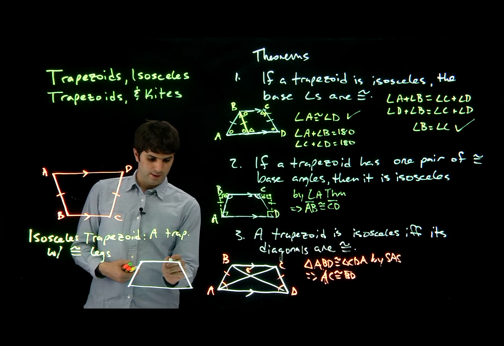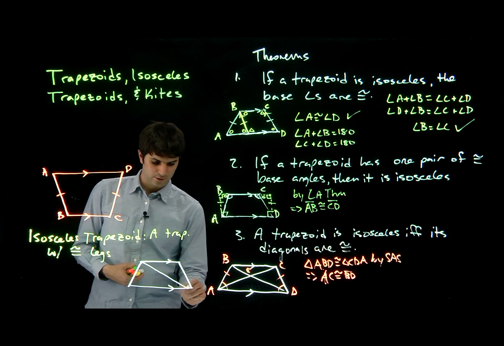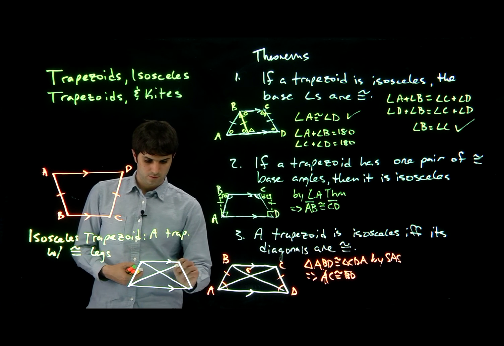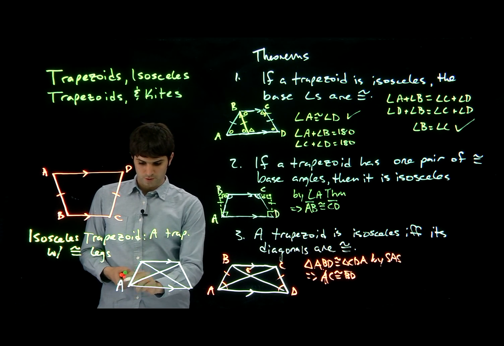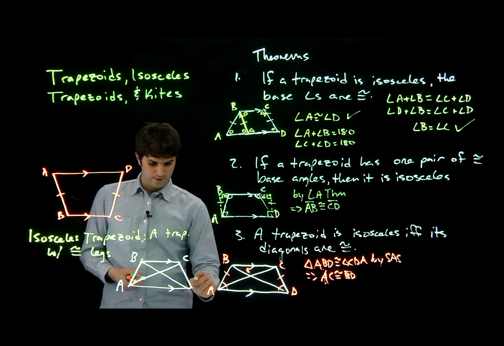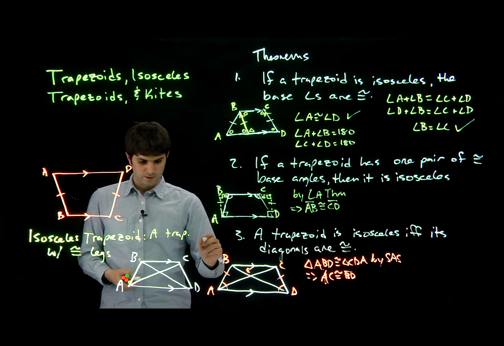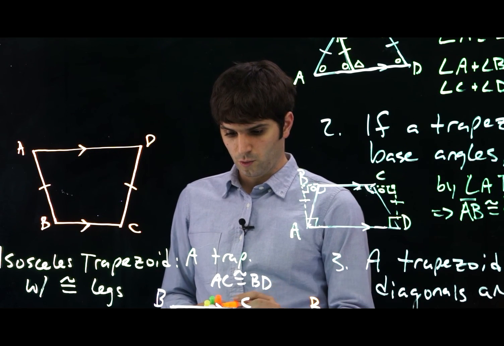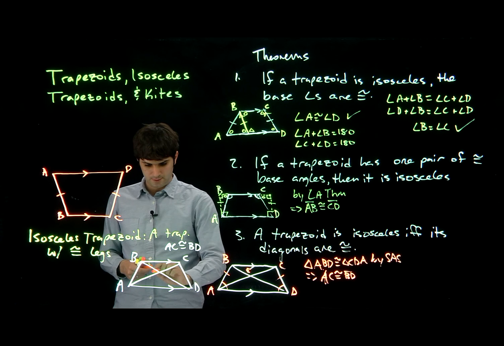We have a trapezoid here, and if the diagonals are congruent, in other words, A, B, C, D, so we have AC is congruent to BD.